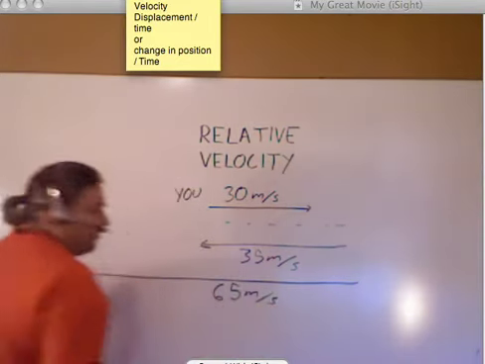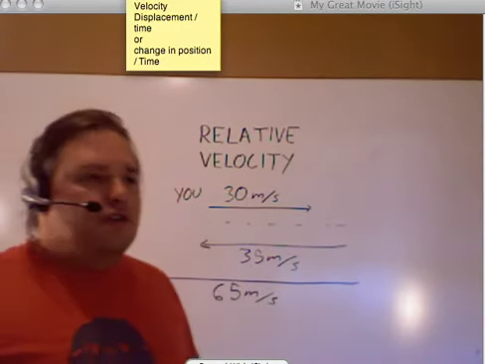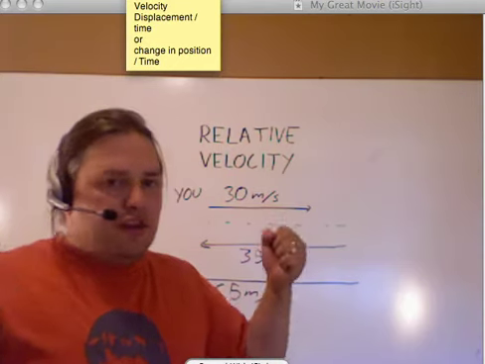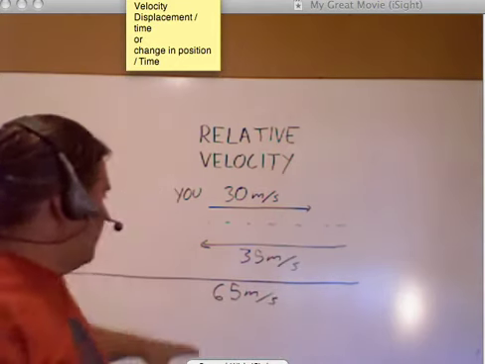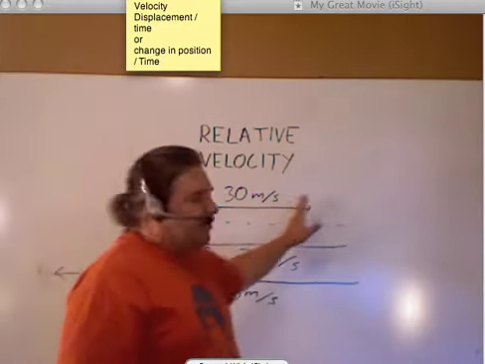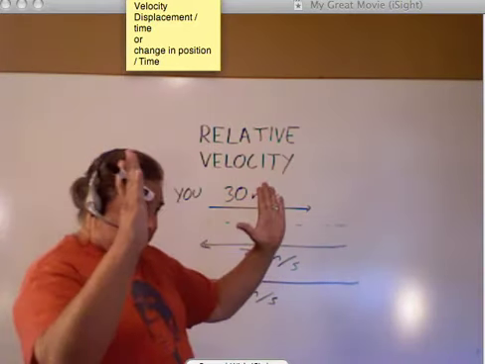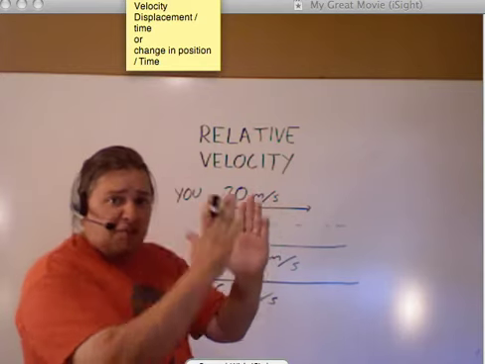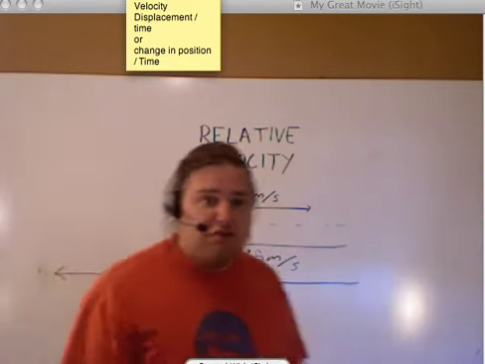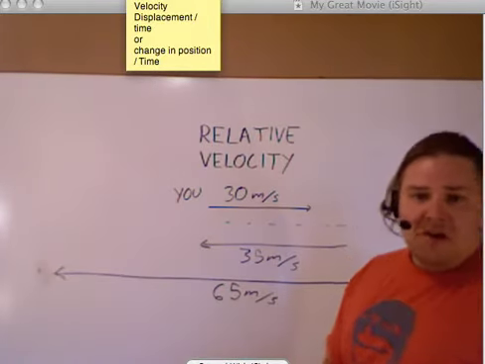It appears that it's moving relatively fast, which makes sense. If you were just to watch that car come at you and you think you were stationary, it would appear to be going really quick, because you're covering a distance and this car is covering a distance, and they're collapsing that distance every second at a rate of 65 meters per second. So it's a general understanding of relative velocity.